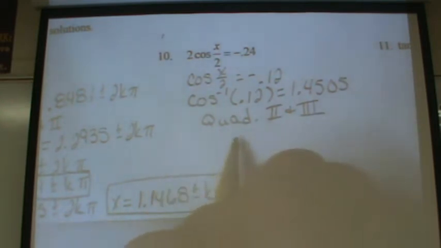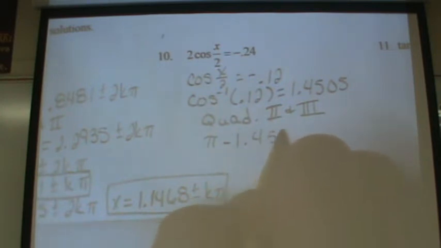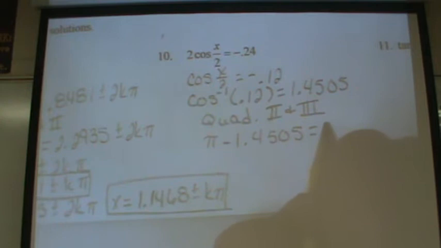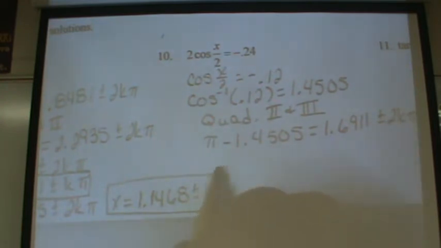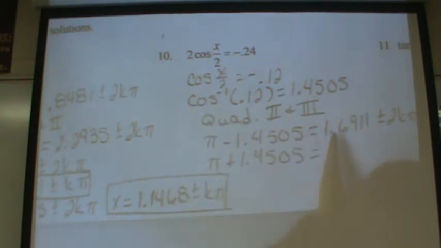So to find our angle in quadrant 2, we take pi minus 1.4505, and we get 1.6911, and we want all solutions, so again, plus or minus 2k pi. And then in the third quadrant, we have pi plus 1.4505, which gives us 4.5921 plus or minus 2k pi.